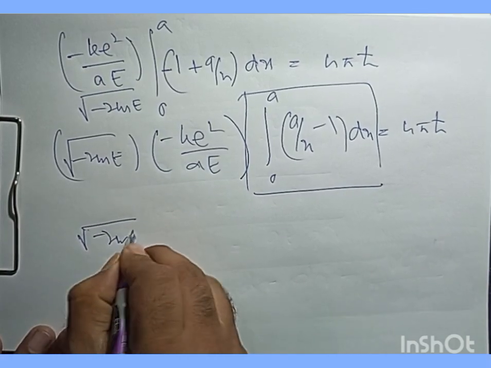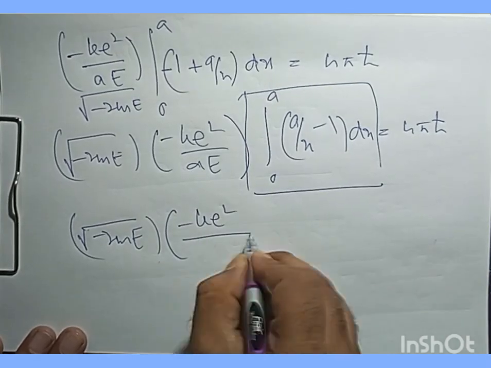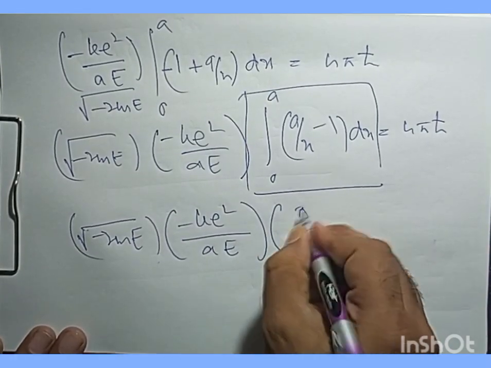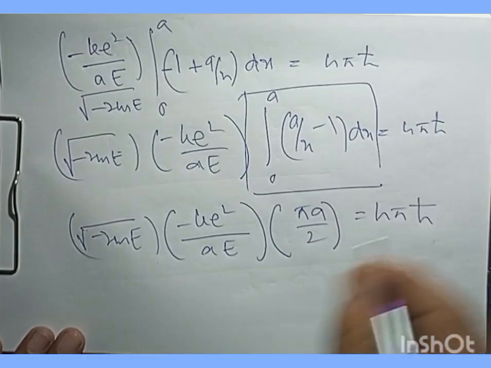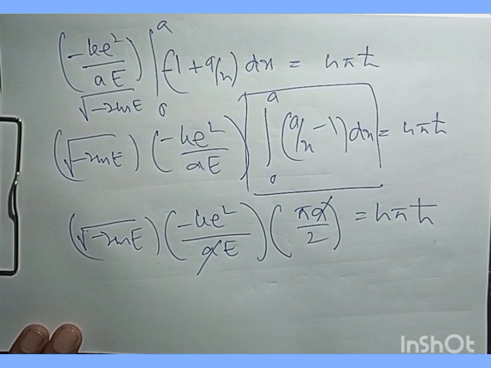So this is minus 2me times minus ke square by ae times, so here we will have pi a by 2 is equal to n pi h bar. So I think this a and a will go. Okay, this goes.